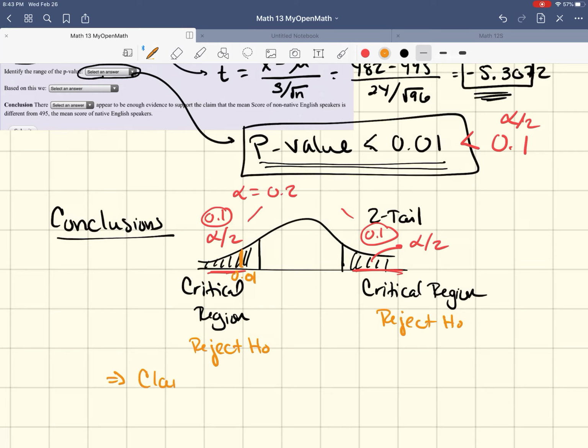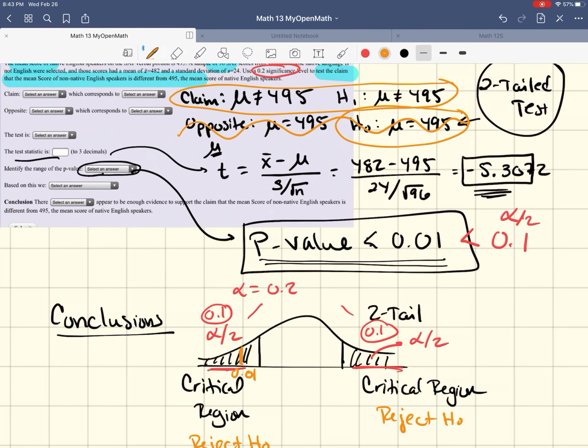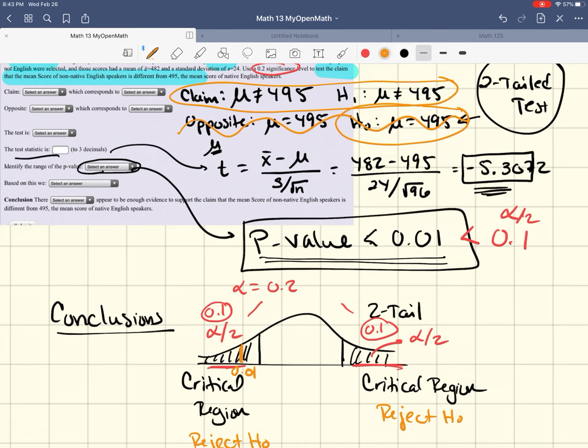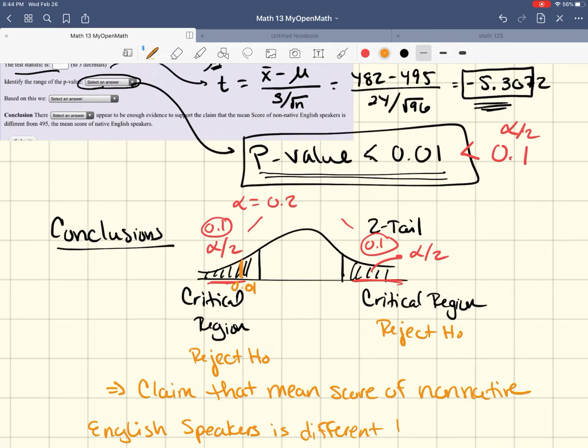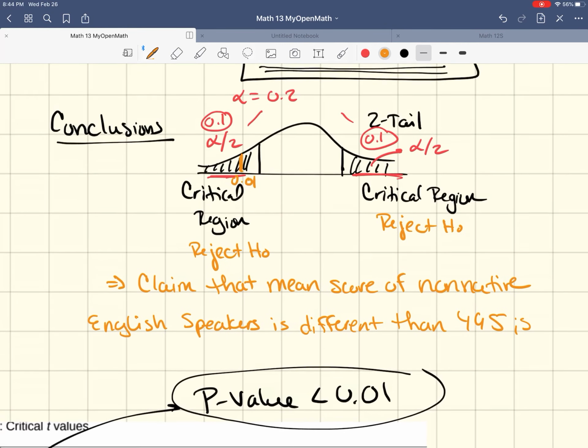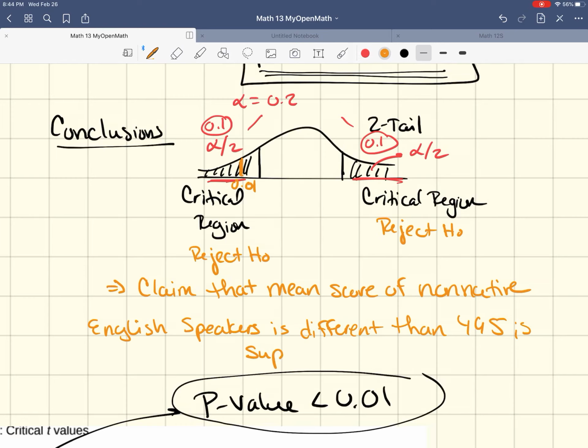So our conclusion would be that the claim that the mean score of non-native English speakers is different than 495, or than that of English speakers, is supported.